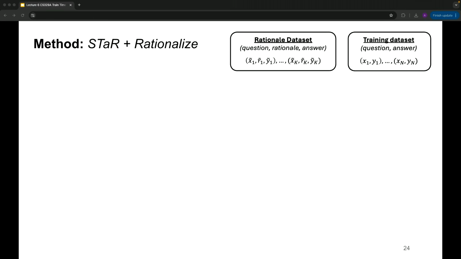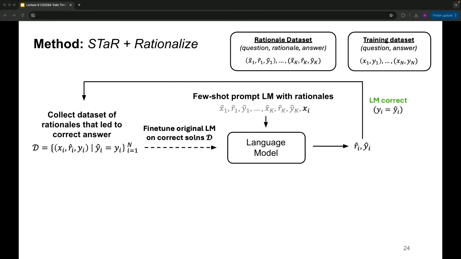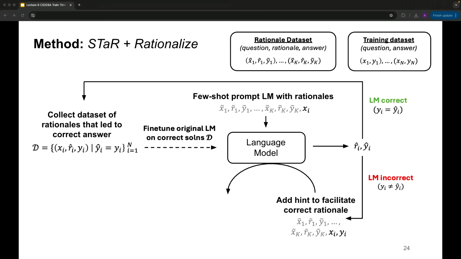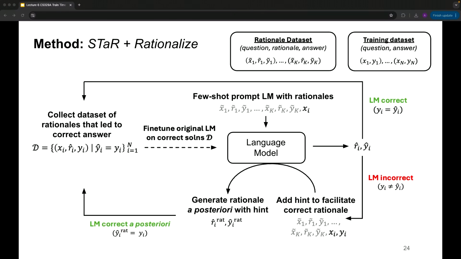If you have rationalization, which is what STaR does, then if the answer is incorrect, you will add a hint. You'll be saying, okay, here is the correct answer. You will essentially generate the rationale by looking at this hint, and then use that to add to the data set of rationales that led to the correct answer, and then you can fine-tune the language model on top of that.